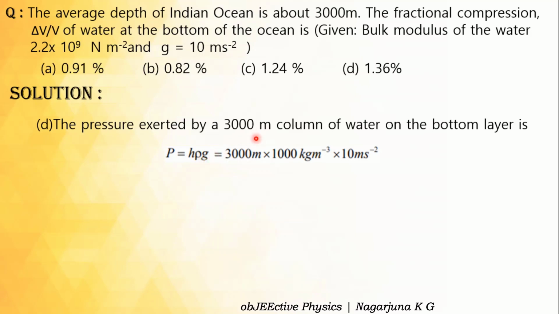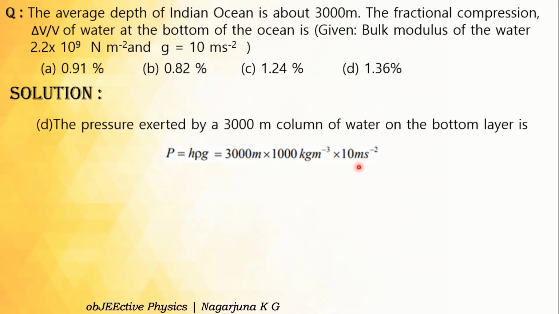H is equal to 3000 meter, into rho, the density of water, a fixed value of 1000 kg per meter cube, into acceleration due to gravity, 10 meter per second square.